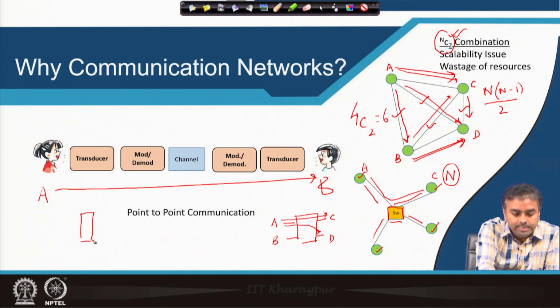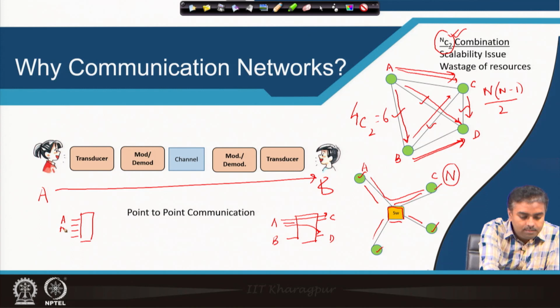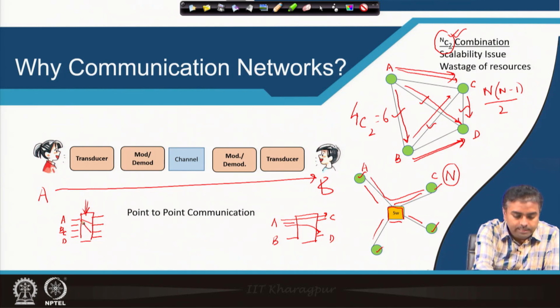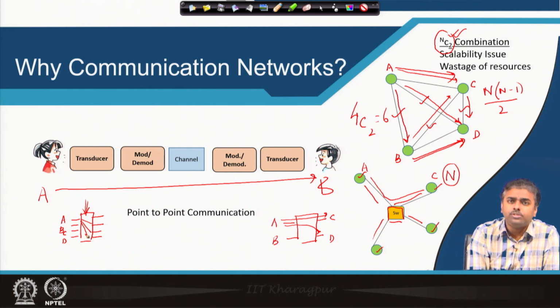What I should do is something like this: A, B, C, D, and then they will also be connected to all A, B, C, D. So, all 4, and then this switch I can configure. This is a configurable switch where with an instruction A can be connected to B, A can be connected to C, A can be connected to D. You will later be discussing how these switches are designed.